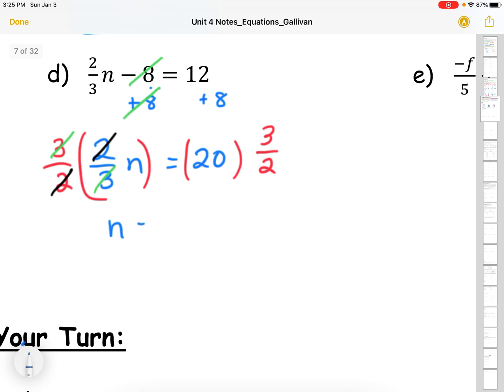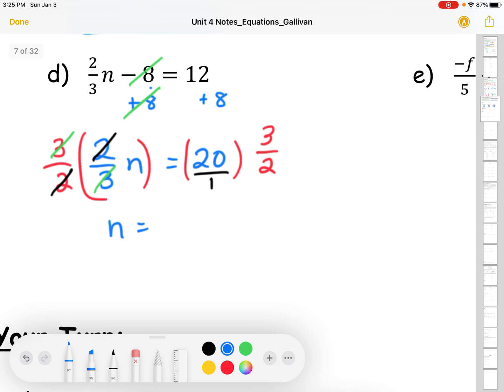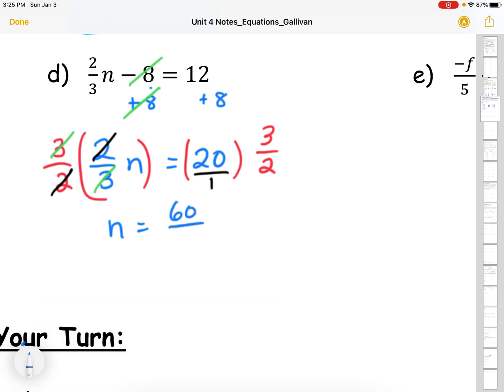Okay, so we're left with n is equal to, well, remember, we can have it like having 20 over 1. 20 times 3 is equal to 60, and 1 times 2 is equal to 2. And one last step, 60 over 2 equals 30. Okay?